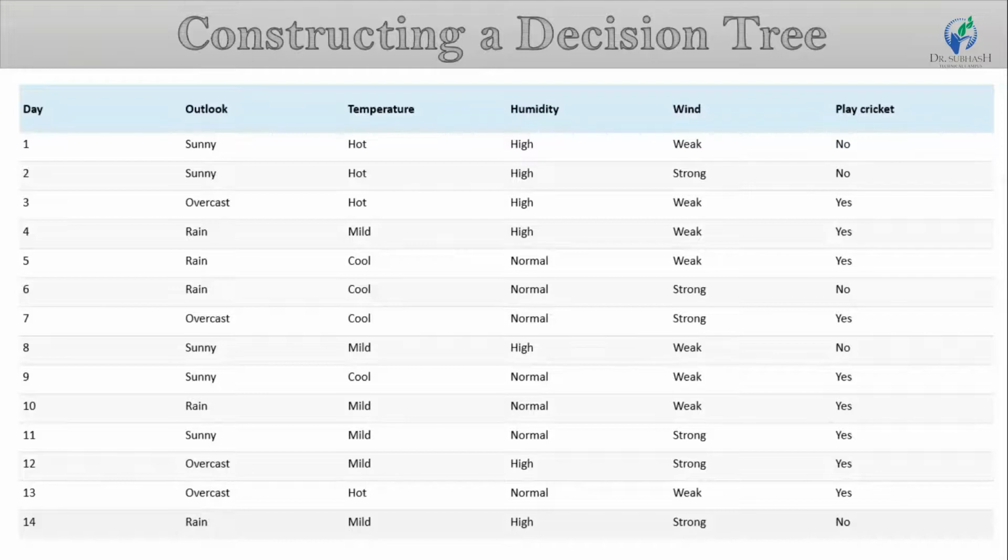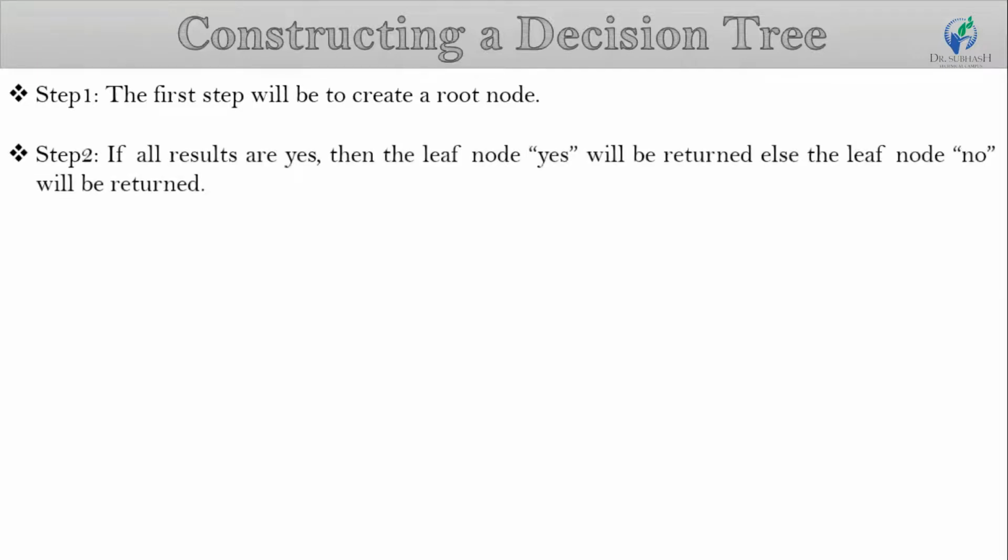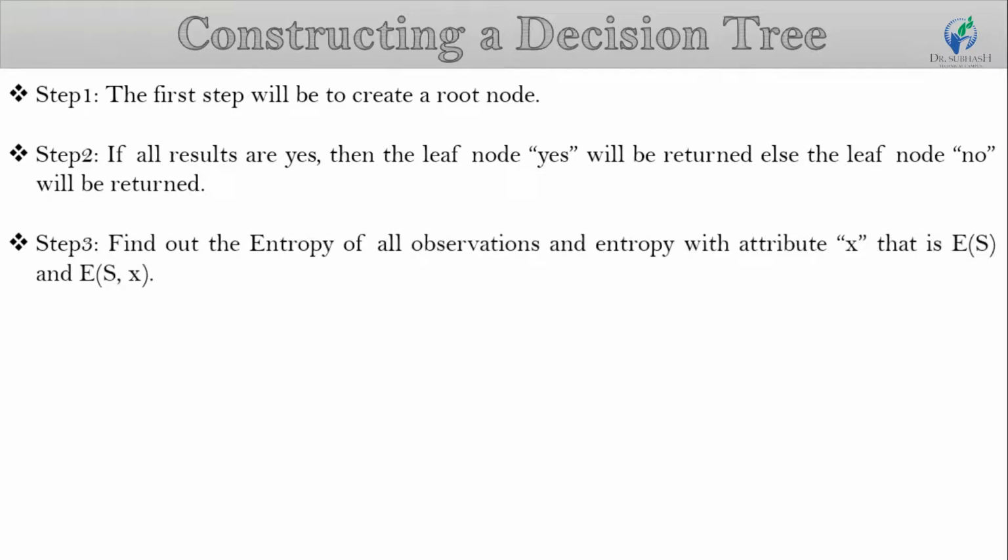So we have seen the algorithm, or steps, for that. In step 1, the first step will be to create a root node. In step 2, if all results are yes, then the leaf node yes will be returned, else the leaf node no will be returned. In step 3, find out the entropy of all observations and the entropy with attribute x, that is E of S and E of S comma x.